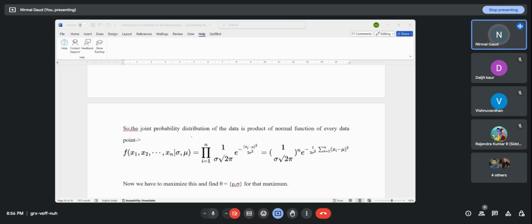So nu and sigma are the two parameters. We performed the differentiation del L by del nu equal to 0, and del L by del sigma equal to 0, to find the values of nu and sigma. Maximum likelihood estimate, parameter estimate: what should be the best parameters related to it? That's what it found.